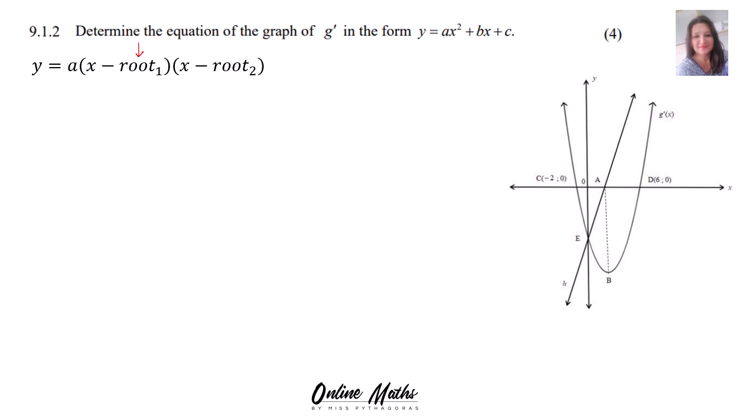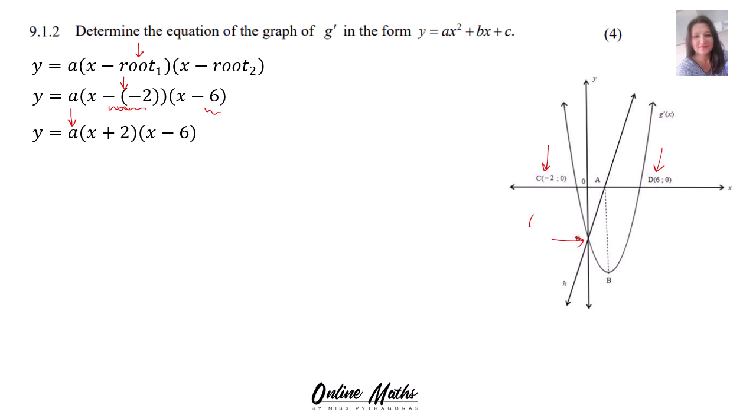What we know is our one root is -2 and our other root is 6. So in the place of the roots, we can substitute -2, please note the use of the bracket there, and in the other root, 6. We also need a value for a, and we need a coordinate, and the only other coordinate that we really have now is this point E, the point (0; -4).